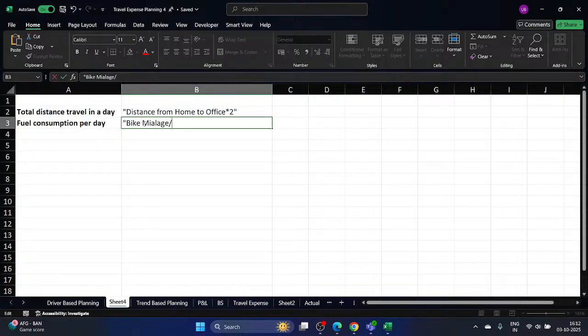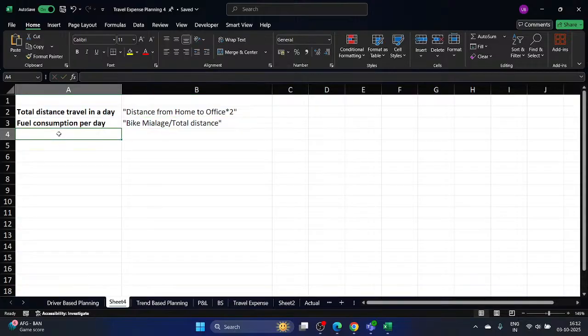Here the total distance would be divided by the bike mileage.